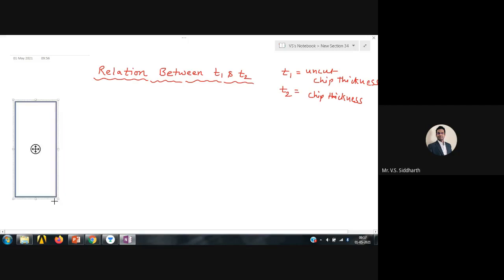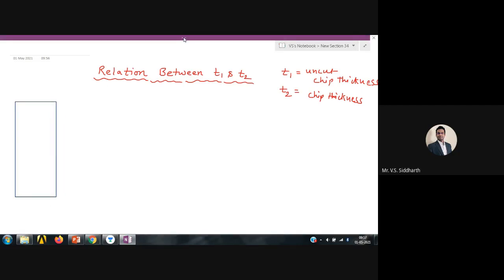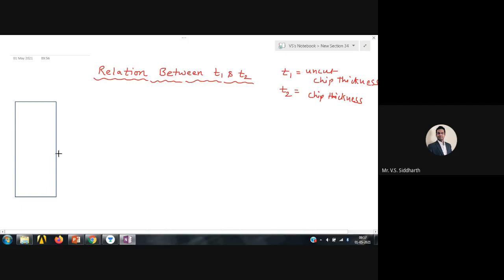This is the workpiece. This is the shear plane. This is the uncut chip.